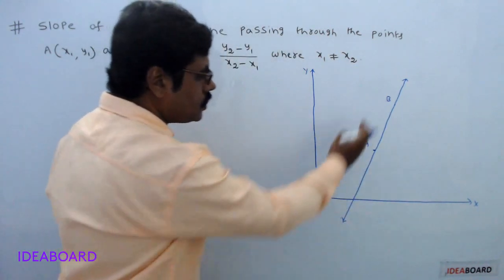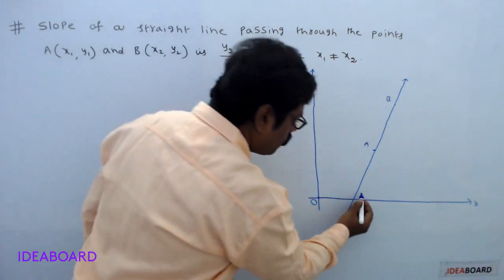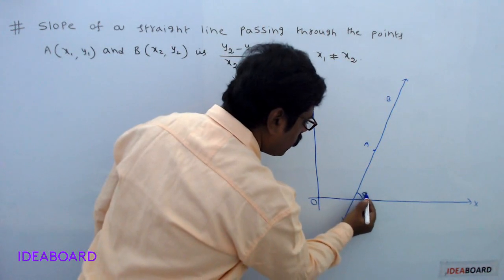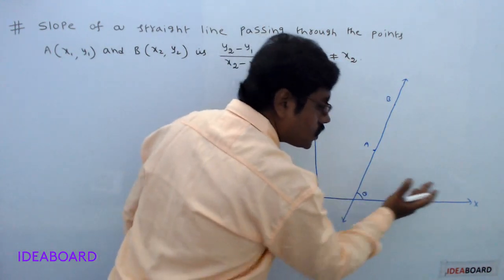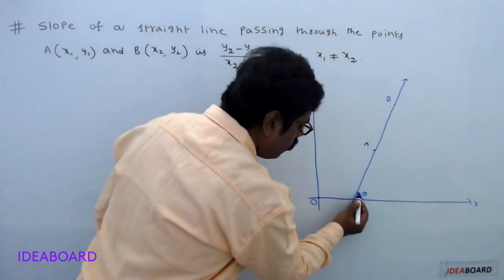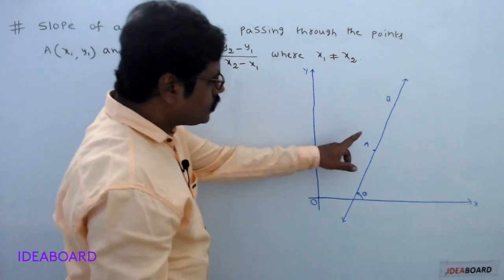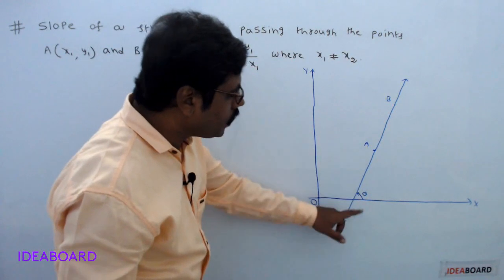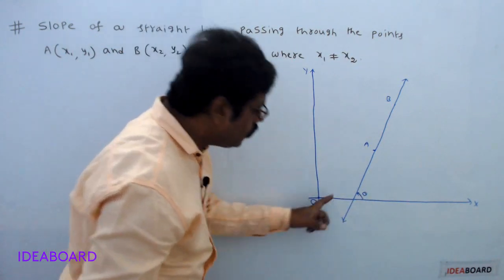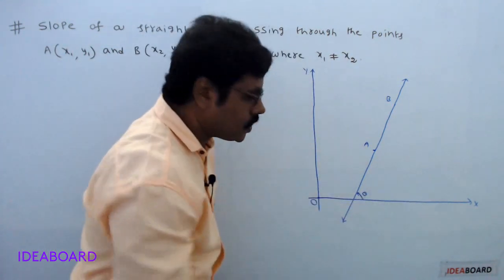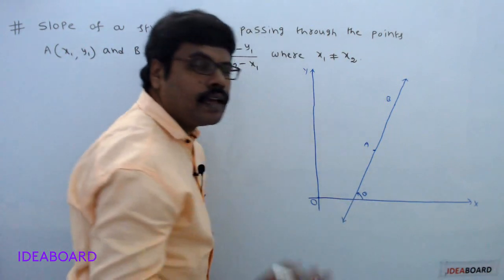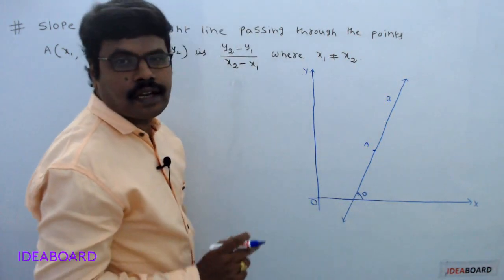Suppose this line AB makes an angle theta with the positive direction of the x-axis, measured in the anti-clockwise direction.